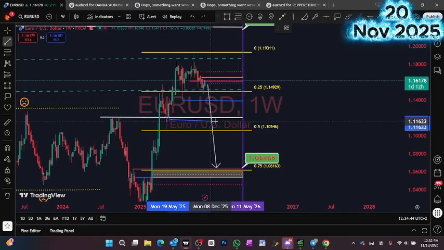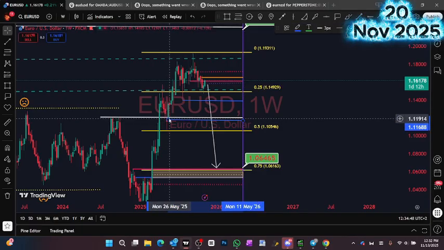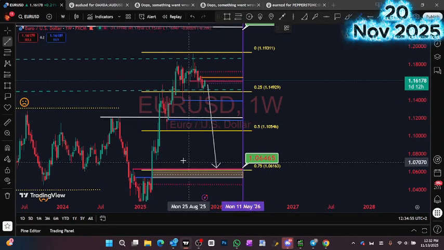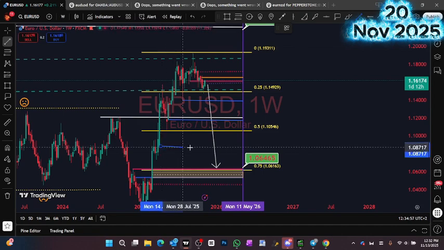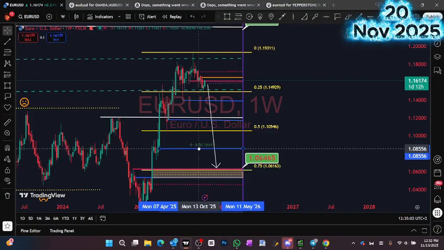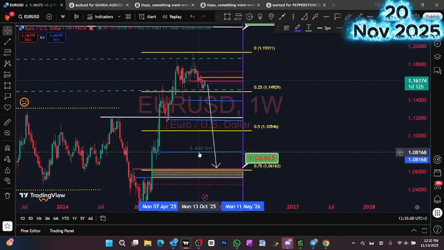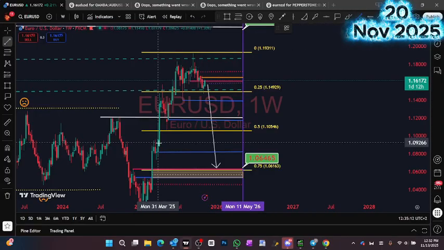There's another support here where the body of the candle starts. That's a support. There's another support here, and here's another one there. So I see those four. 1, 2, 3 is another one.